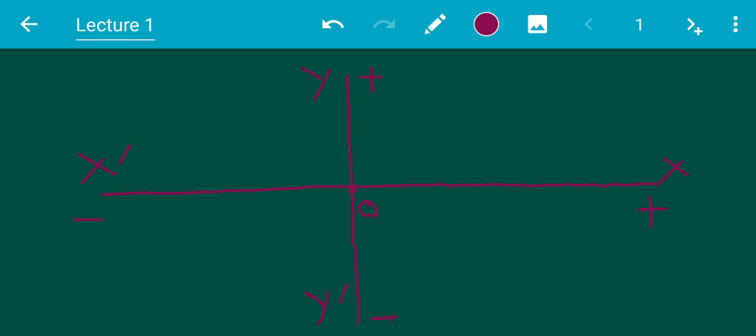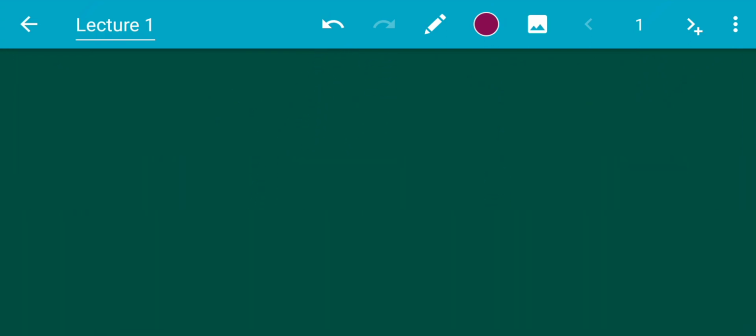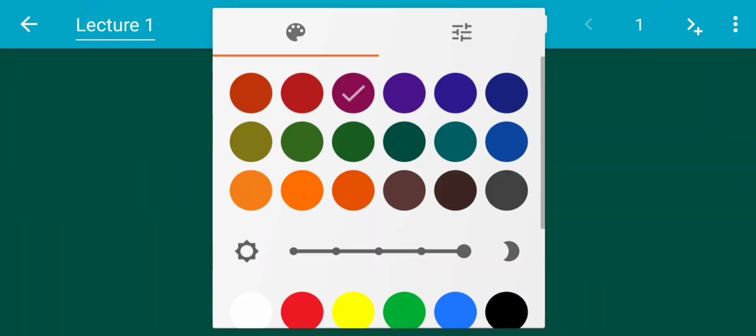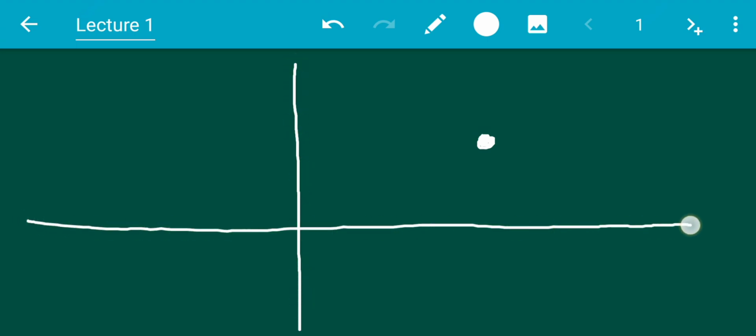Now how to use this system? Let me explain how to use it. Suppose this is a point in the plane. What we do is we draw two mutually perpendicular lines, x o x dash and y o y dash. Now, how to locate this point with respect to this coordinate system?